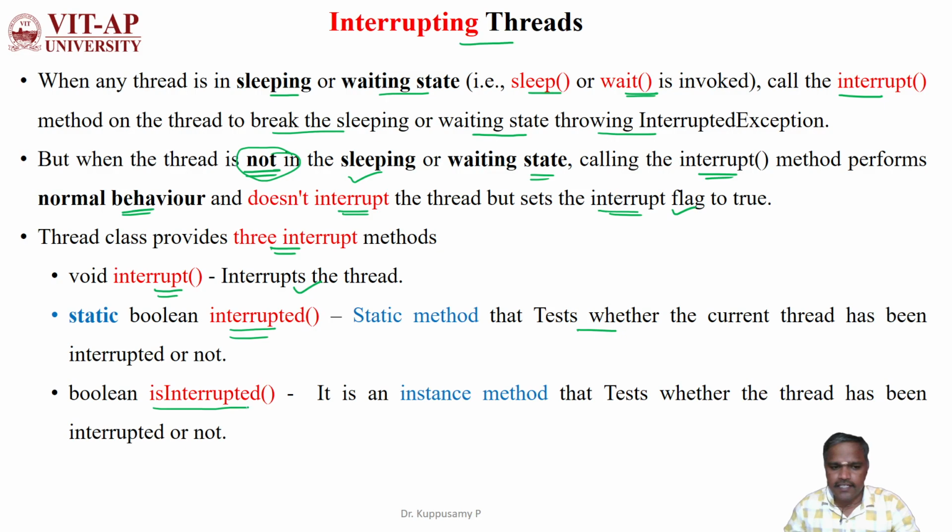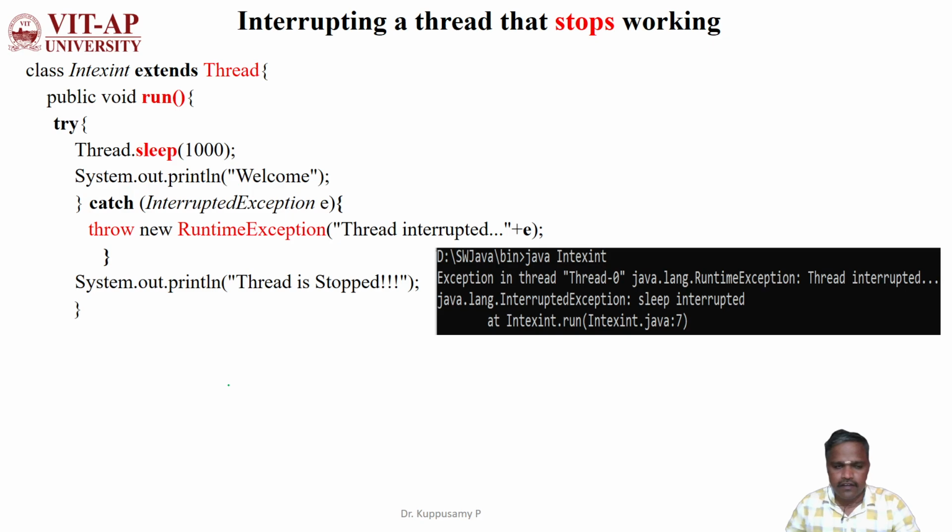Another one is the isInterrupted boolean method, which is an instance method, and it also tests whether the thread is interrupted or not.